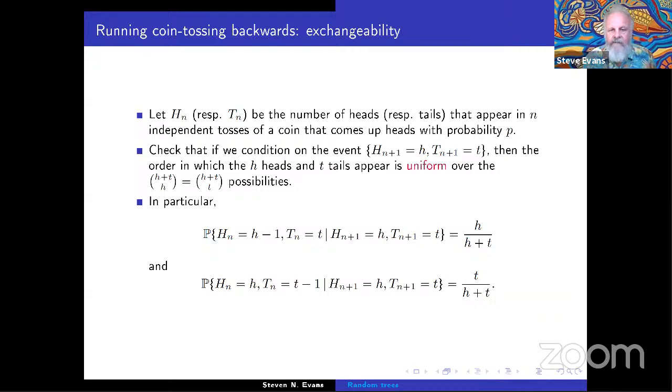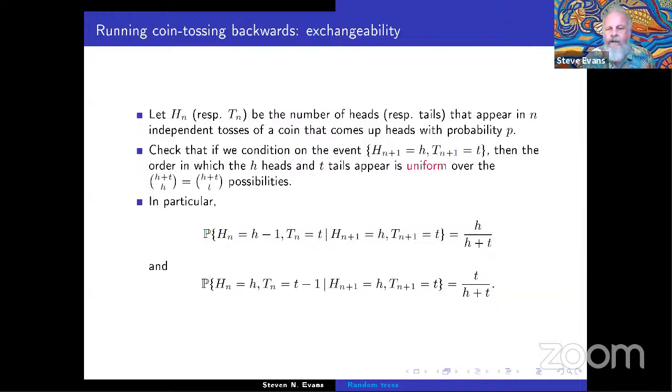Of course, we all know that if at time n+1 we condition on there being little h heads and little t tails, then the order in which the little h heads and the little t tails appear is again uniform over the various possibilities.